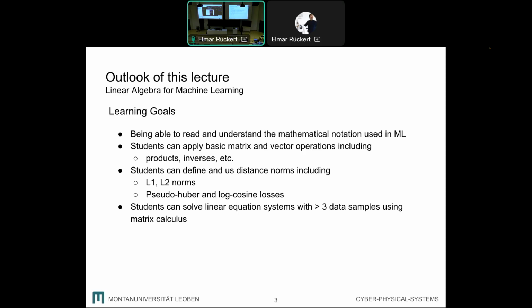And in the end, I show you an example where we use matrix calculus on an example that you all know, where you have to fit a line to some data points. It's nice if you have only 4 points or only 2 points, but it becomes more complicated if you have 1 million points. And with the tools that I will demonstrate and discuss with you today, you will be able to solve all kinds of problems, regardless of the number of points.